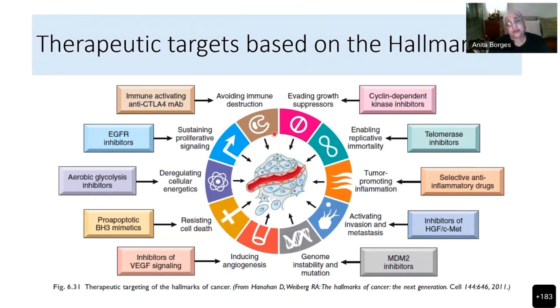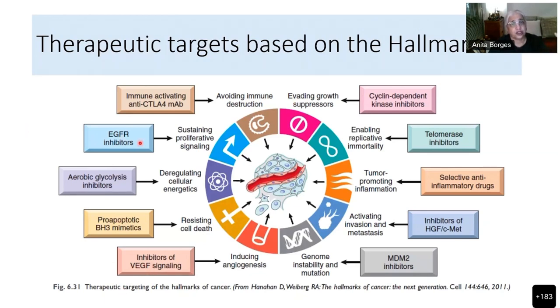Each one of these different hallmarks today is targeted in the clinic by various different drugs and mechanisms. So you will say, look, if the hallmark is angiogenesis, we can have inhibitors of VEGF signaling.